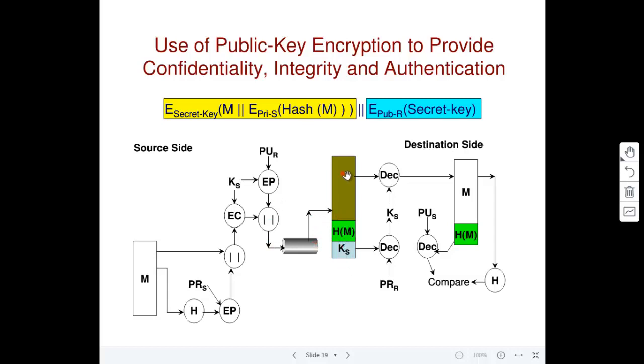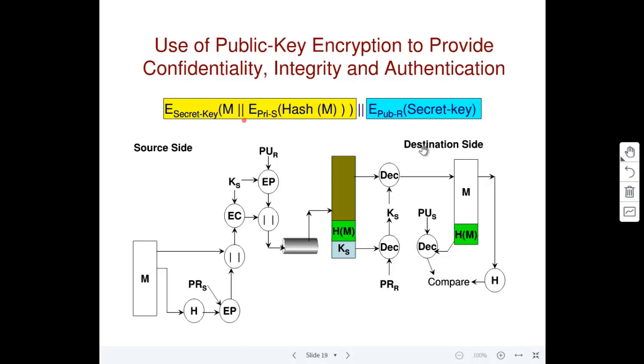So on the receiver side, the receiver should first be able to extract the secret key in order to process this. So the receiver uses the private key of the receiver because it was encrypted with the public key of the receiver. So he decrypts with the private key of the receiver and extracts the secret key and uses the extracted secret key to decrypt this portion.